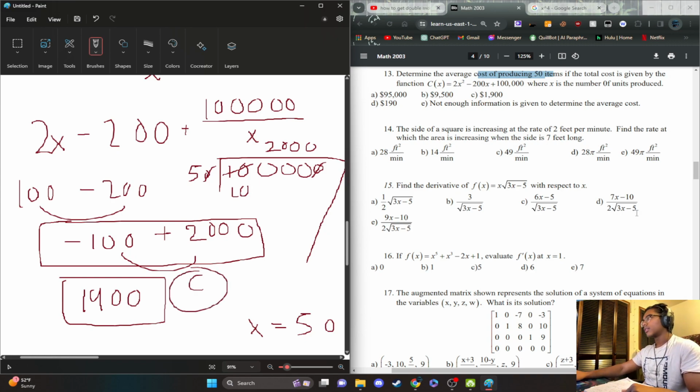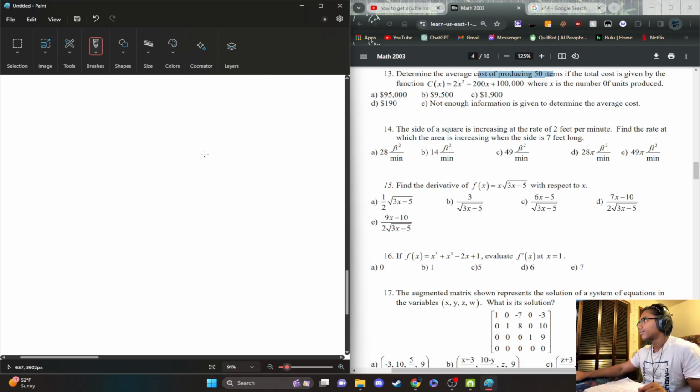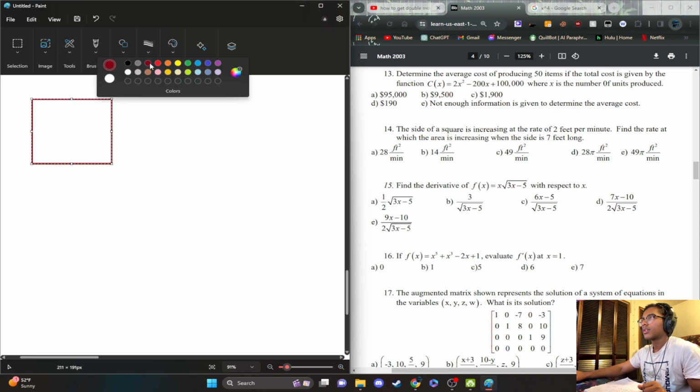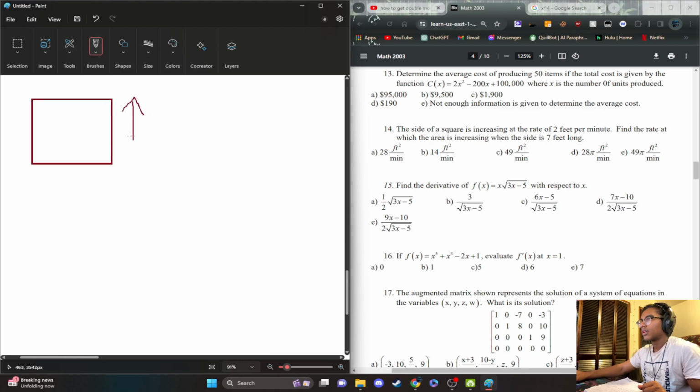Number 13, C. Okay, now let's do 14. The side of a square is increasing at a rate of 2 feet per minute. Let's draw a square. Okay, this is a square, and it's increasing at a rate of 2 feet per minute.